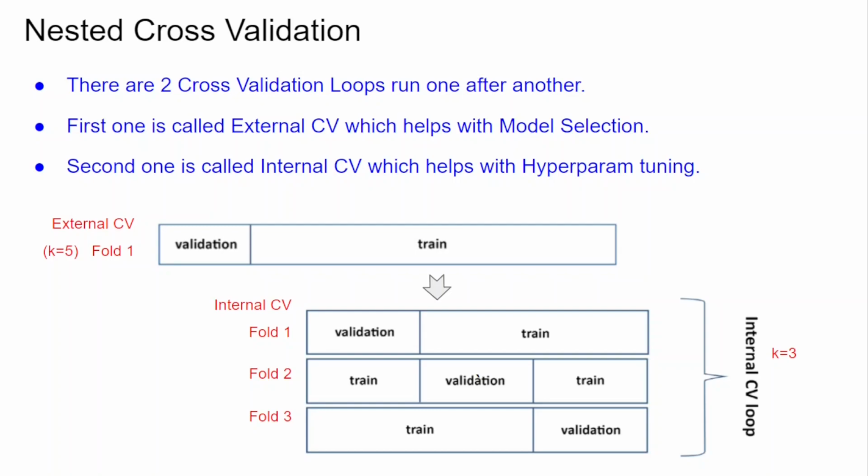So for each fold iteration, the internal cross-validation is applied. The internal cross-validation loop runs for its own number of folds, in order to select the best hyperparameter that can support a particular bias or a particular model that we want to choose.